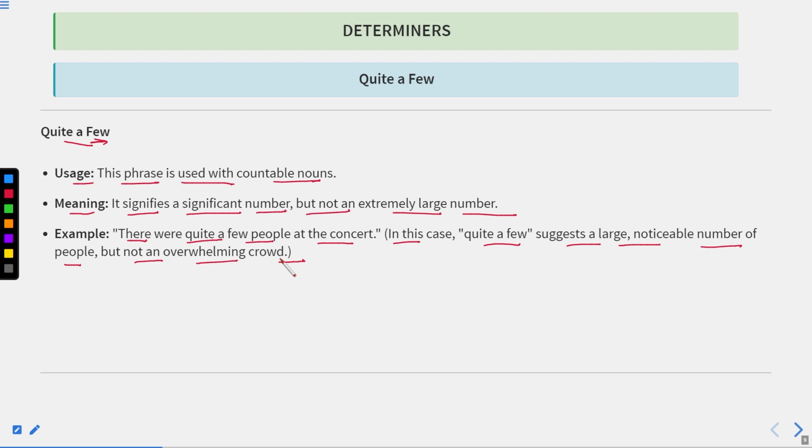It means you can say something is large in number, but it is according to the capacity of the ground or the place. But not overwhelming. It means it was not extreme, or more than the requirement. Suppose there are 10,000 people.